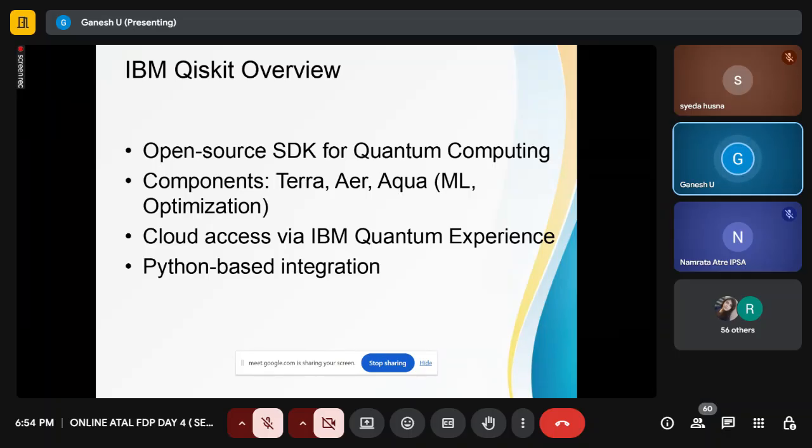Access to IBM's quantum computing processors and high performance simulators using the open source QSkit software development kit, and a graphical interface. Start with the QSkit SDK.